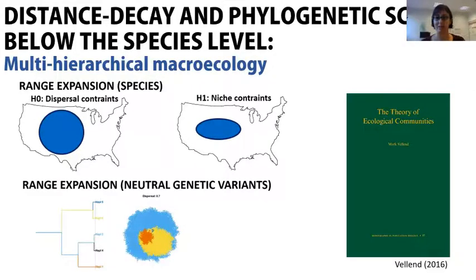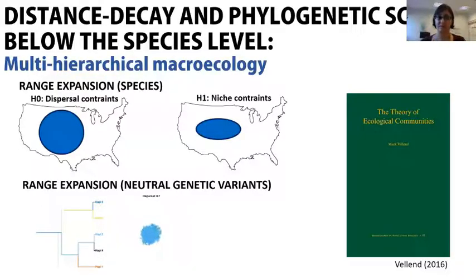However, that's not the case at the haplotype level. If we study mitochondrial DNA, the maternal genetic lineages, they are not selected in this case, but they are within the species range. They are just limited by their ability to expand their ranges.